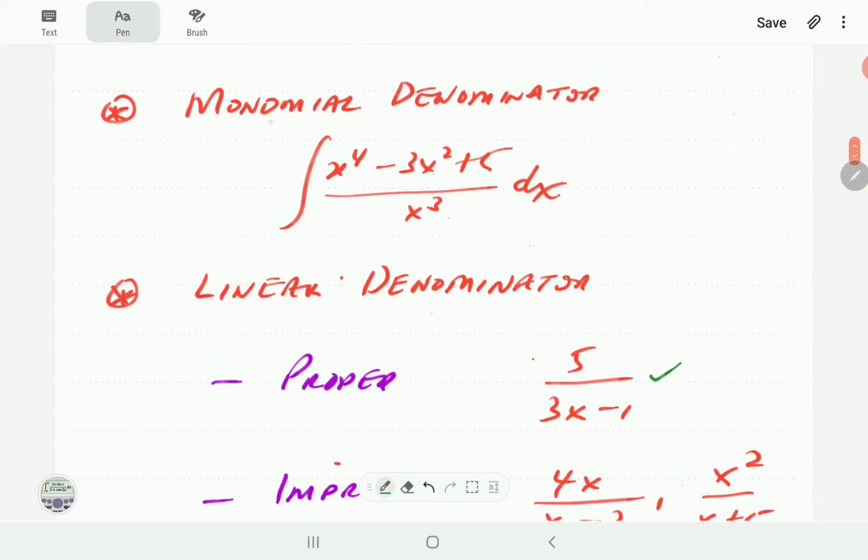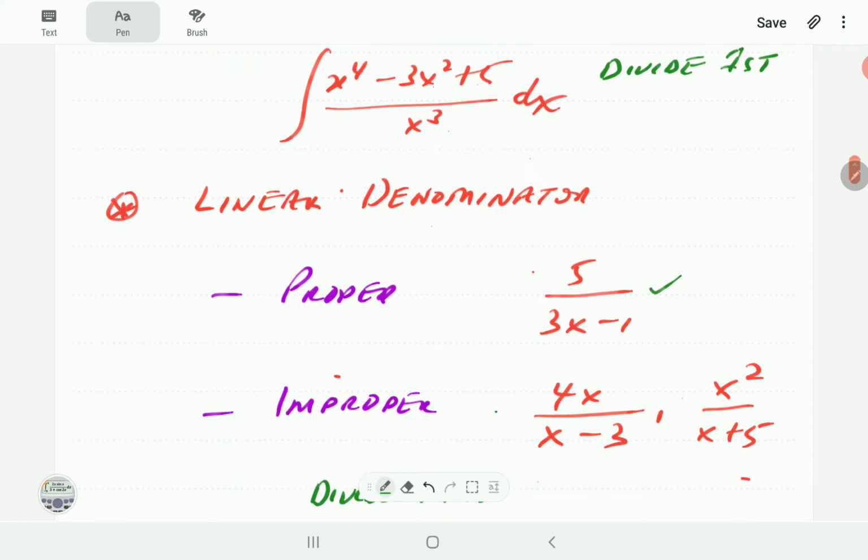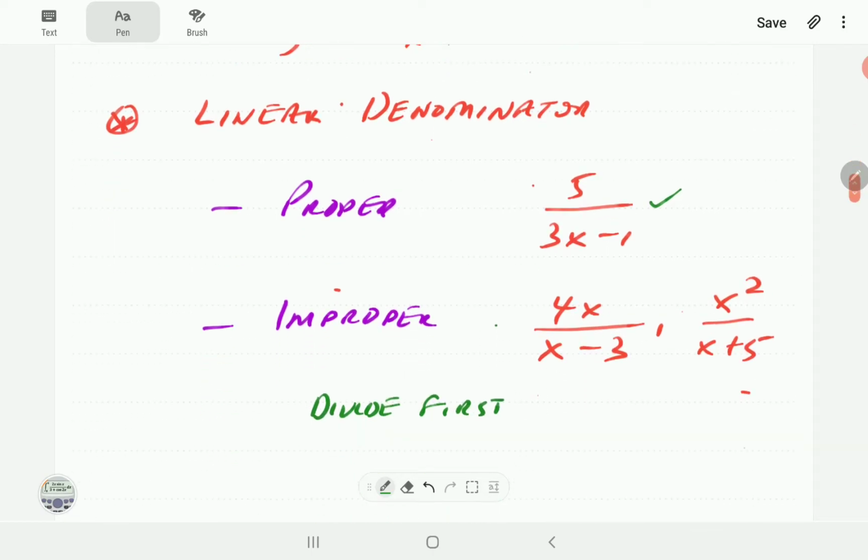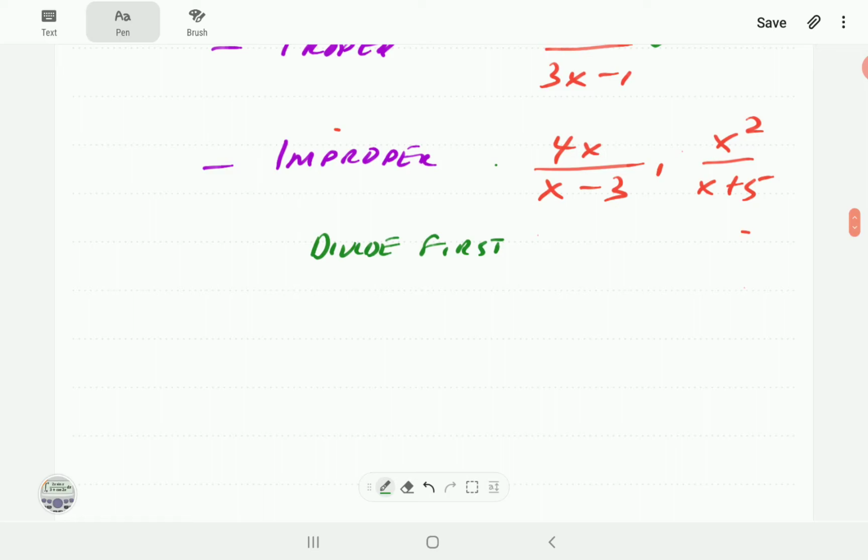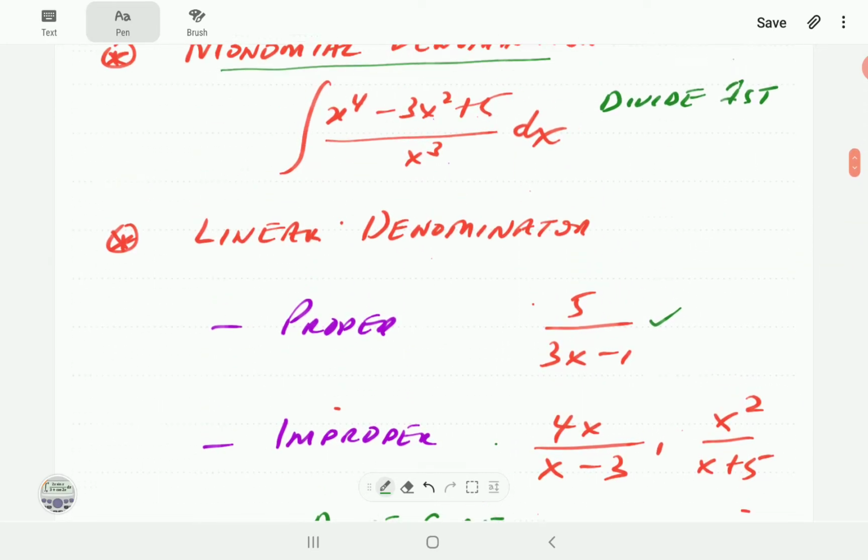And in fact, even for the case where we've got a monomial, we divide first, but in this case we divide using the distributive property of division, where we divide term by term. Right, so I'm going to show examples of how this works out.